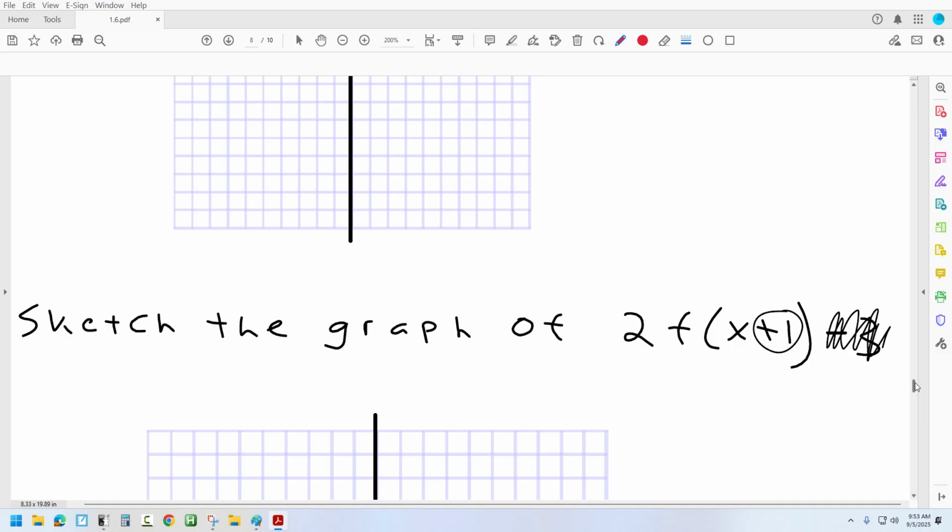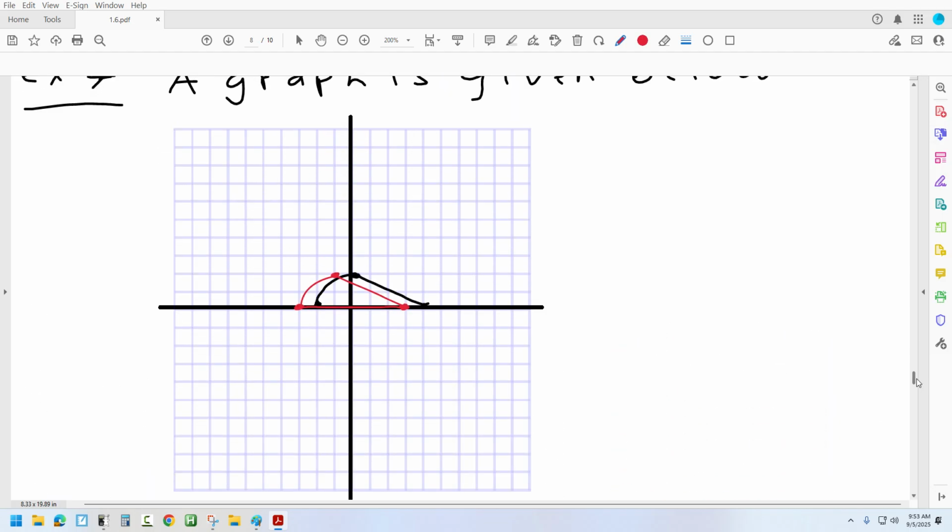And what about the 2? What's that going to do to the picture I just drew right there? Yep. It's going to stretch the graph by a factor of 2. And what part of the coordinate does that alter if you stretch it vertically by a factor of 2? It would affect the y values. All the y values are going to double. The x values are going to stay the same. What's the y value of this point right now? 0.